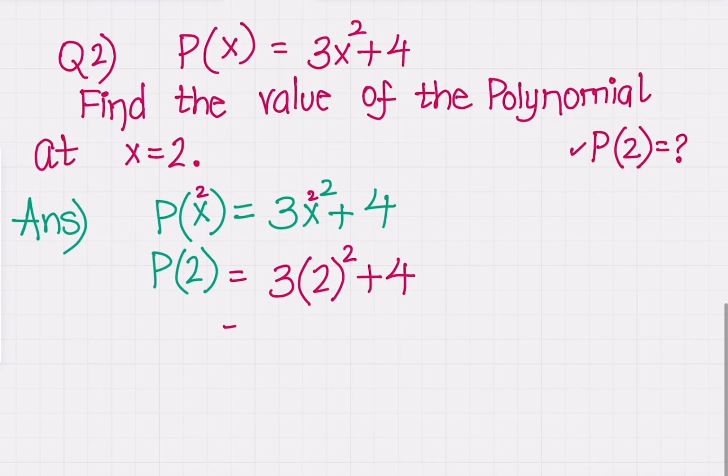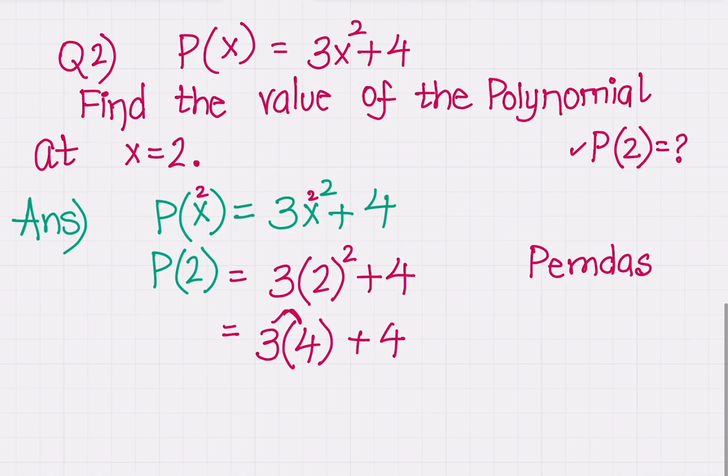Sometimes I have seen students say, okay, 3 times 2 is 6, and then they square it. That is a wrong approach. Remember, in PEMDAS, you do the parentheses first. So that is going to be 3 times the square of 2, which is 4, plus 4. Now the parentheses is still here because we haven't multiplied these two yet.